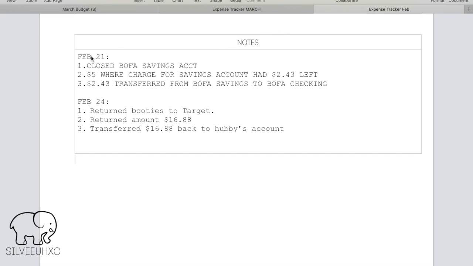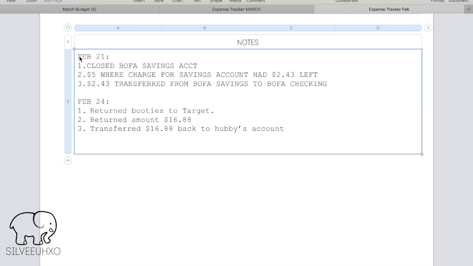So in February, on the 21st, I closed my Bank of America savings account. Money had been deposited into that account with the program they have, Keep the Change. But since I didn't have enough money and hadn't made enough deposits, they charged me $5 for that savings account.